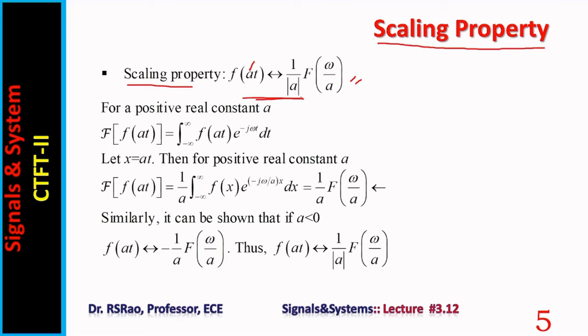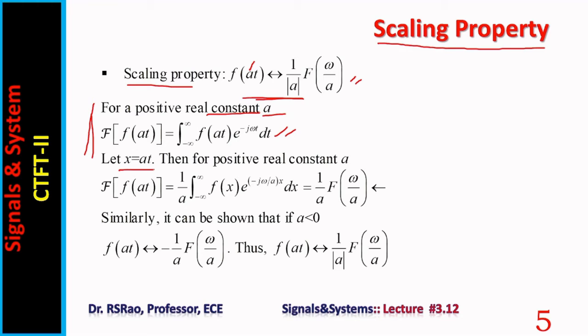How can one say that the scaling property is exhibited by the CT Fourier transform? A small proof is given here. For a positive real constant a, the Fourier transform of f of at is the integral from minus infinity to plus infinity of f of at e power minus j omega t dt. This is the defining relation.